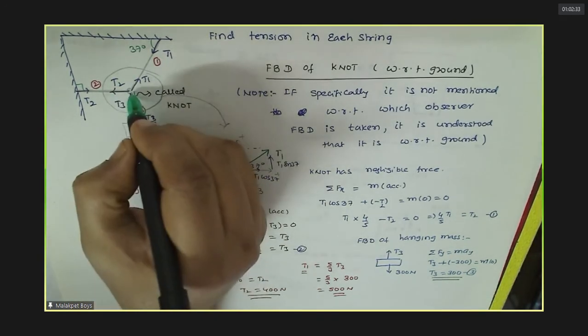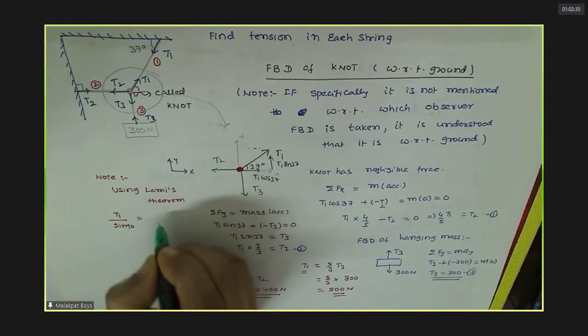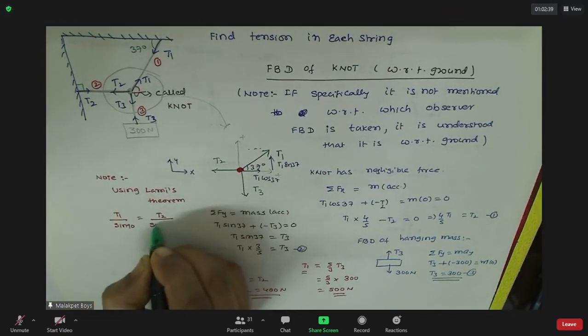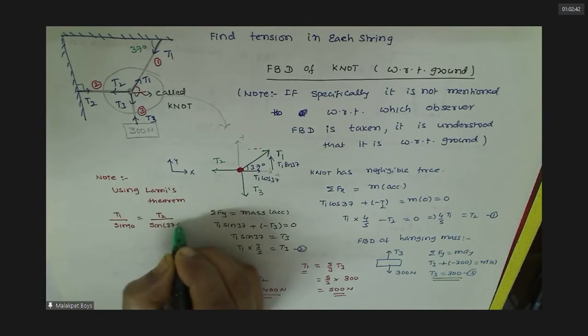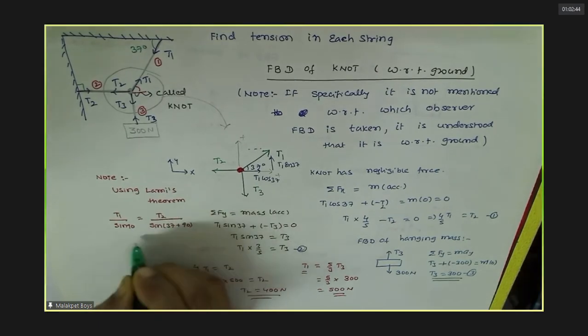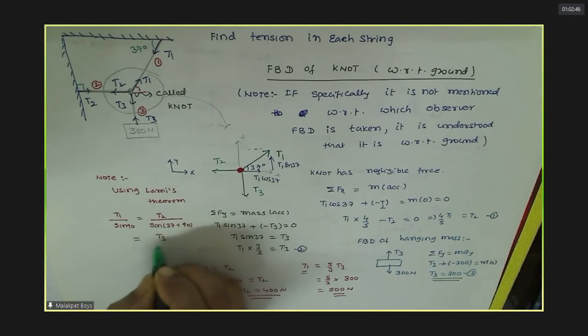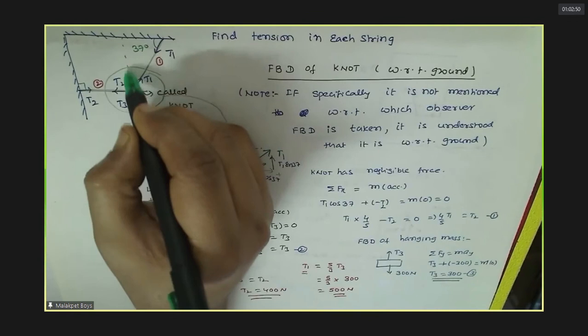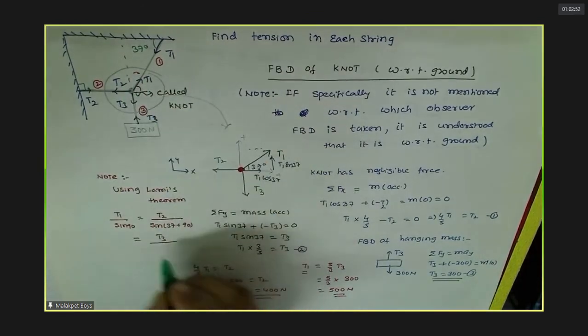This is 37, means this is 37. 37 plus 90 now. This is 53 till this is 90 now.